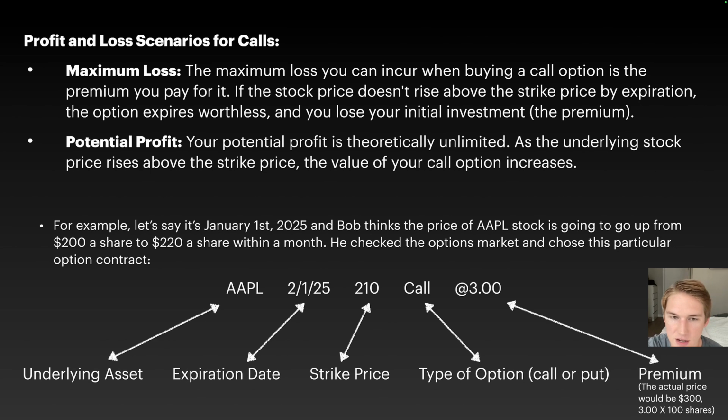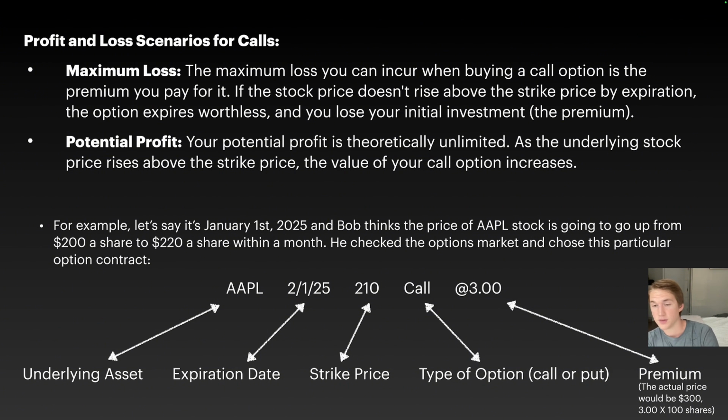The expiration date is February 1st, 2025, because he believes it's going to go up within 1 month. So he chooses 1 month expiration. The strike price is 210. Now this is interchangeable. He could have bought a 200 strike price, 205, 210, 215, 220. It doesn't really matter, but that's just what he chose in this scenario.